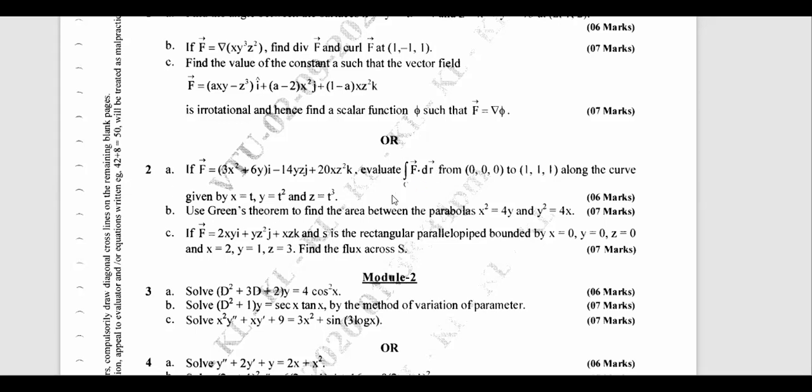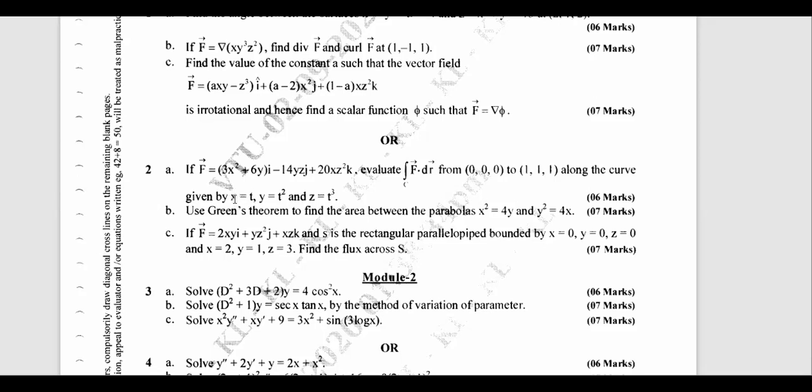Yeah, just write the question. Write the important parts. F equal to 3x square plus 6yi minus 14yzj plus 20xz square k. Evaluate F dot dr. About this point you can write directly because here they have given x equal to t and all, they are called parametric equations.